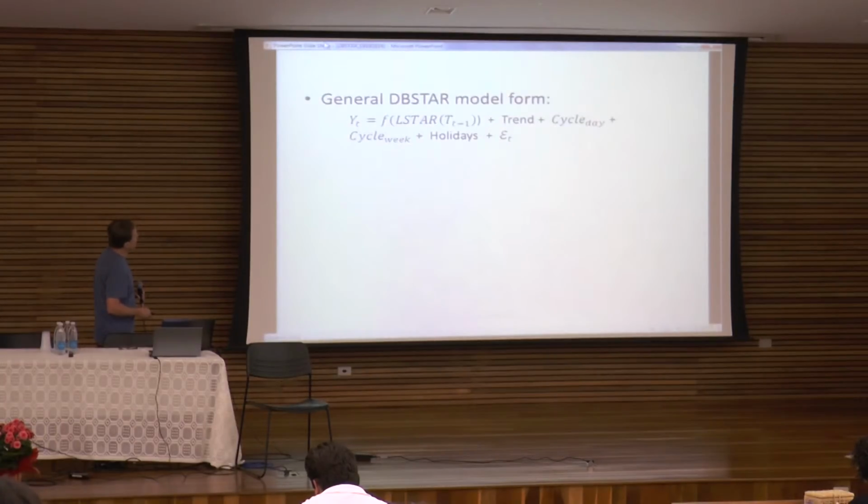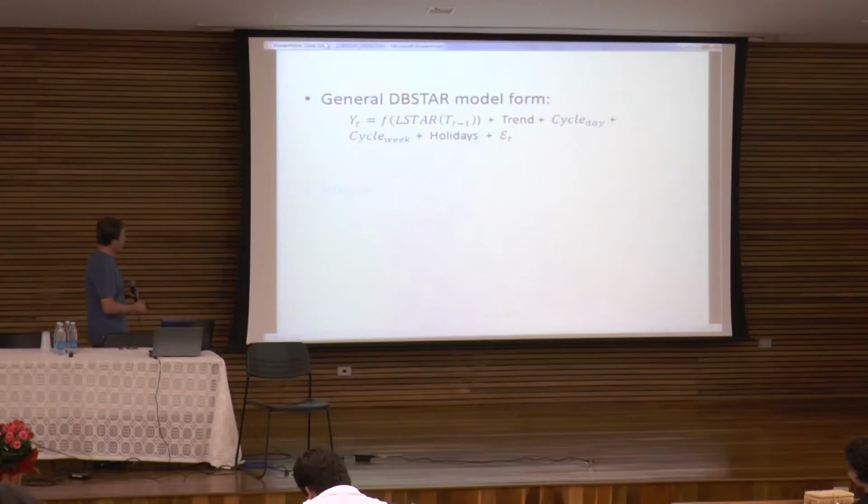So this is the general formulation for this application. You have an approximation of a logistic STAR, where the temperature in the previous hour is used as a transition variable. Trend, cycle within the day, within the week, holidays. Here, I would say perhaps calendar would be more appropriate terminology to adopt there, and the error term.